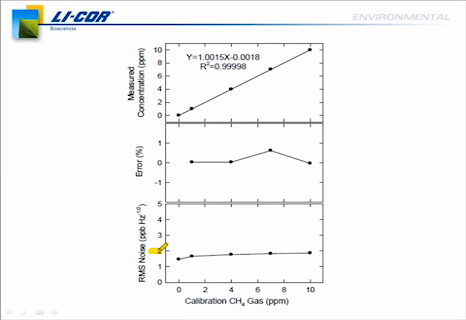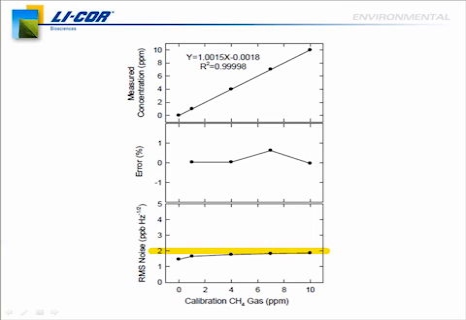And again, this one was collected at 1 hertz, so 1 sample per second. You'll see that the noise in parts per billion is less than 2 parts per billion from 0 to 10 parts per million concentration. So again, you'll see that the instrument is very stable and that it has very low noise and high resolution.